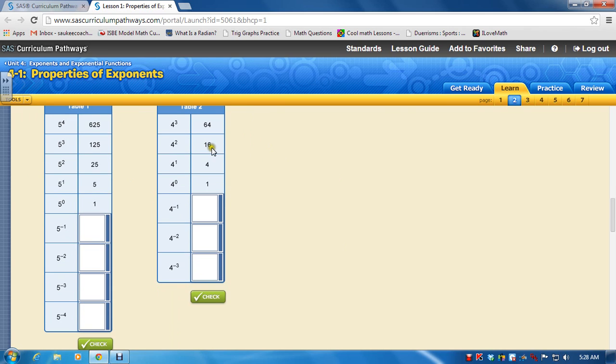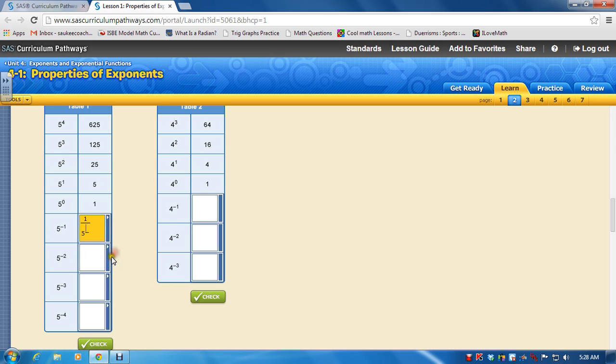Another way to look at these is I can continue that pattern I looked at to figure out what the 0 power is. I was dividing by 5 each time, right? Which would mean that if I divide 1 by 5, this one should be 1/5.